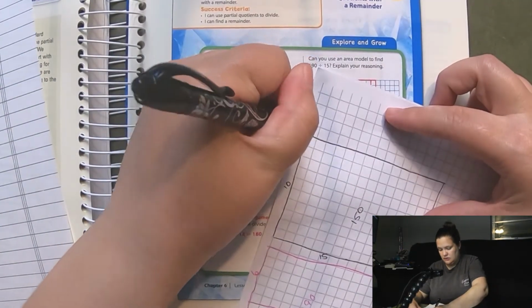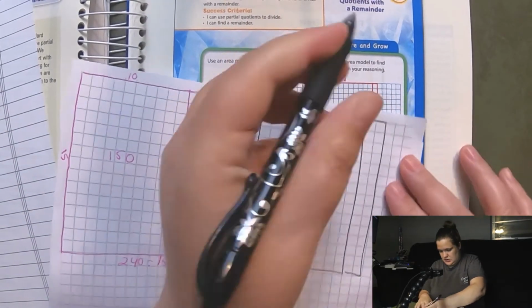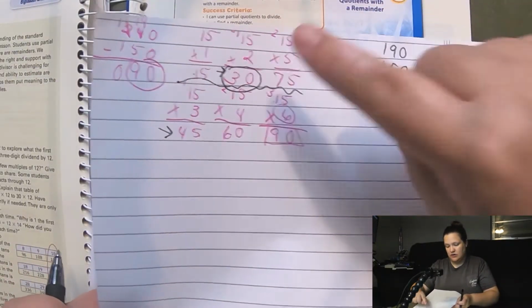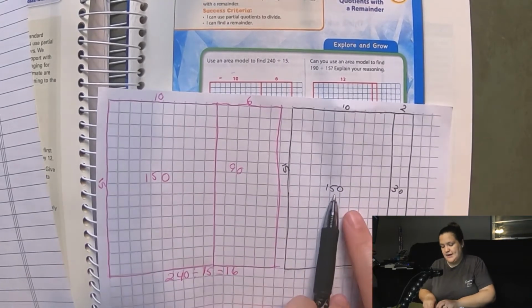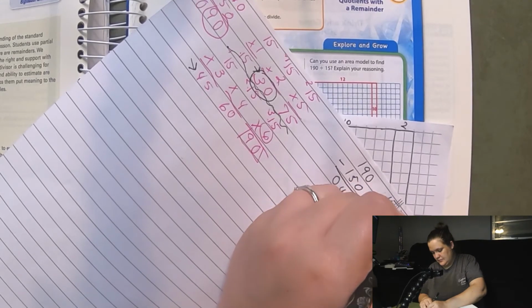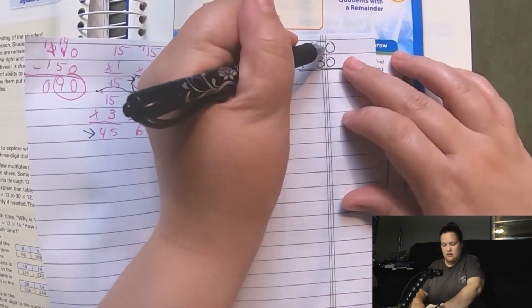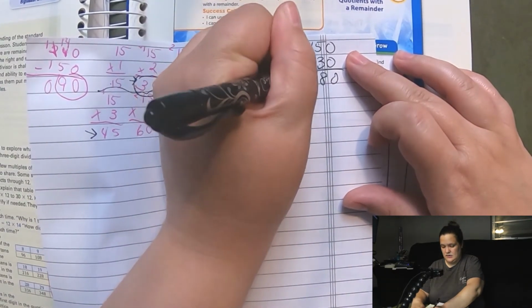Okay, so we've got 2 here. We're going to go down. Down, down, down. That one is 2. 2 times 15 was 30. So this one is 30. Now, if we add those up, 150 and 30, we have 0, 5 plus 3 is 8, 1 plus nothing is 1.